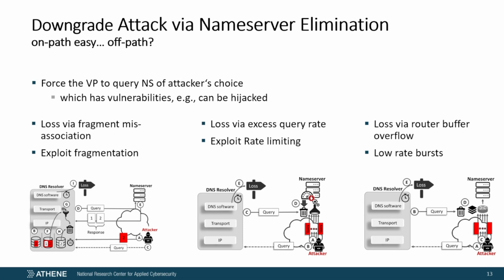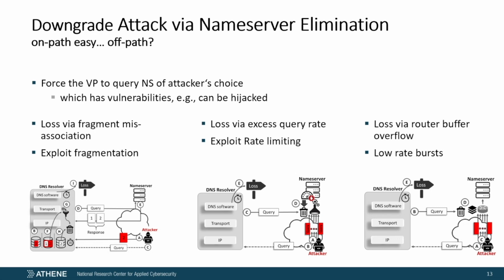The attacker injects a spoofed fragment, which the IP defragmentation cache at the VA reassembles with a genuine fragment which arrives from the name server. So the name server sends a response which is fragmented, let's say, in 2 fragments. Once the first fragment arrives, it is reassembled with the fragment of the adversary, which is waiting in the IP defragmentation cache, and it goes then up to the transport layer.